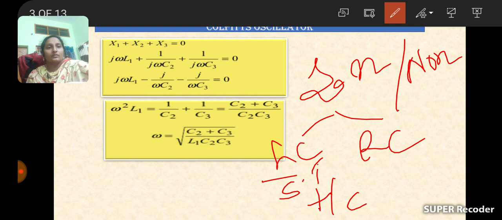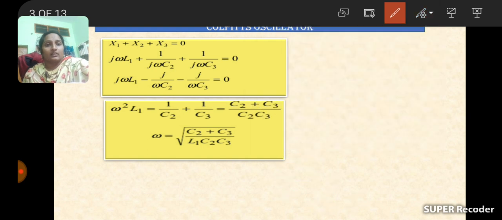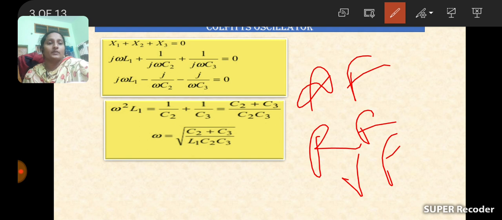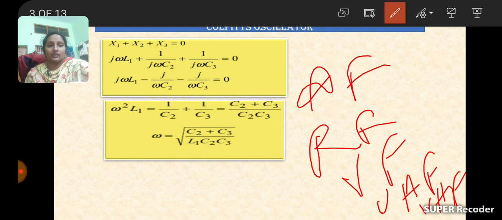And according to the frequency produced by the oscillators, these are of audio frequency, radio frequency, video frequency, ultra high frequency, and very high frequency.